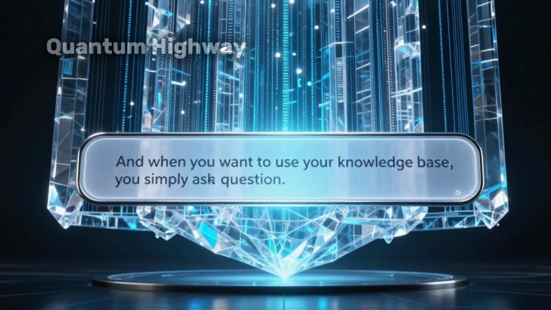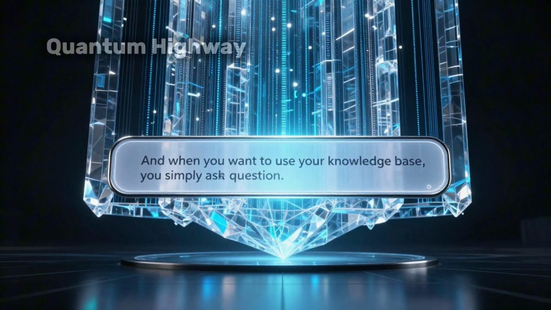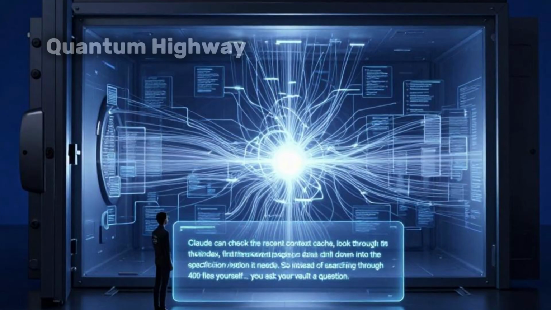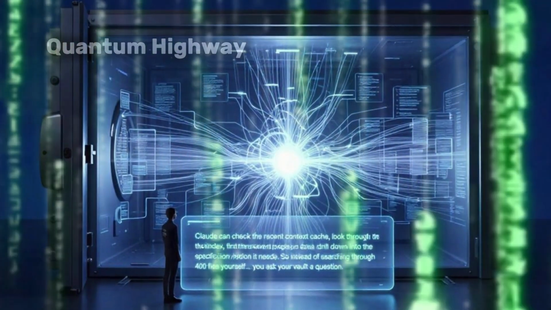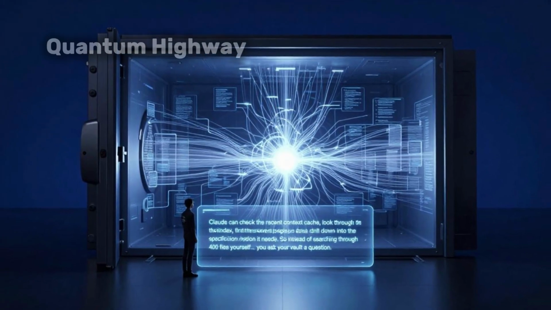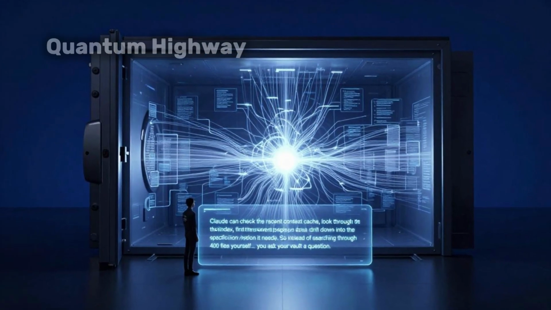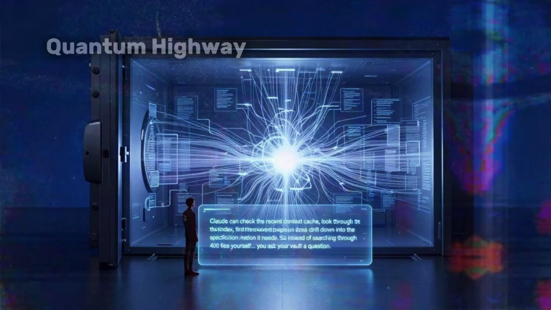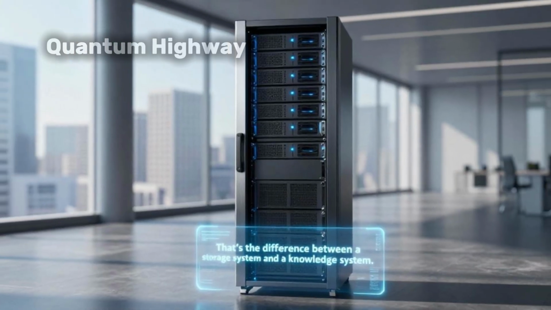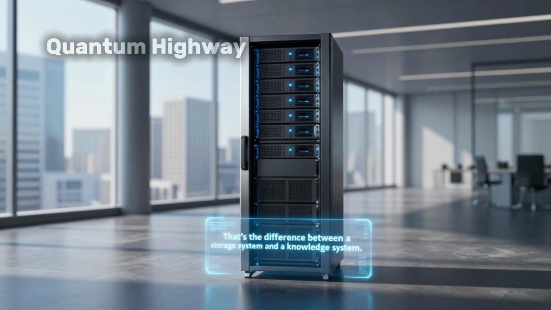And when you want to use your knowledge base, you simply ask a question. Claude can check the recent context cache, look through the index, find the relevant pages, and then drill down into the specific information it needs. So instead of searching through files yourself, you ask your vault a question. That's the difference between a storage system and a knowledge system.